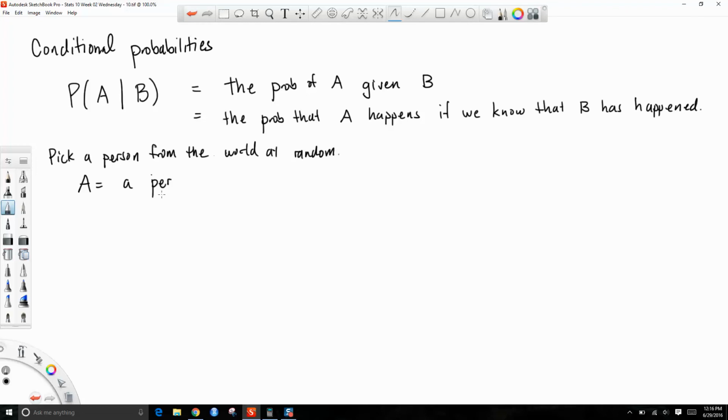And A will be the probability that a person speaks English. And actually, I have no idea, so we'll ask Google. What percentage of the world speaks English? Here is information from Ethnologue. That doesn't help me.